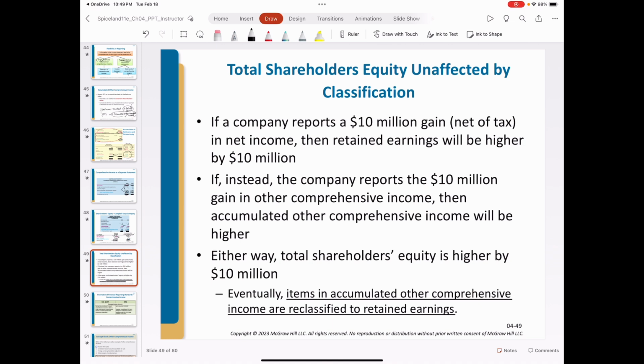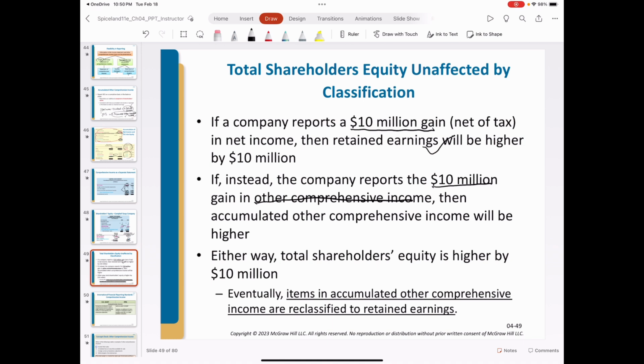Yeah, no matter the company reports $10 million gains or unrealized holding gains as other comprehensive income, the company's stockholders' equity increased by the same amount. The only difference is in the first case, the gain will be reported as the increase in the retained earnings, while the second one is reported as increase in the accumulated other comprehensive income.